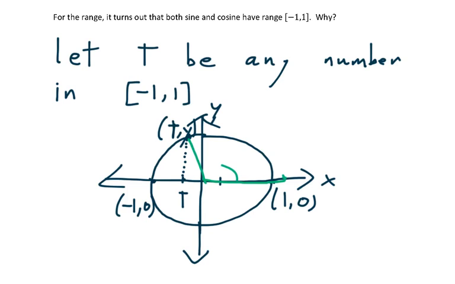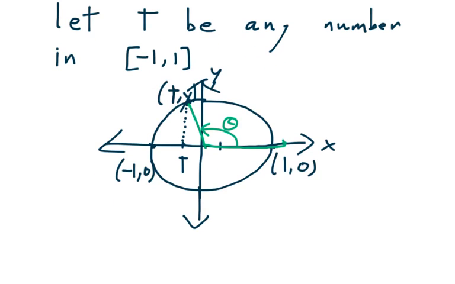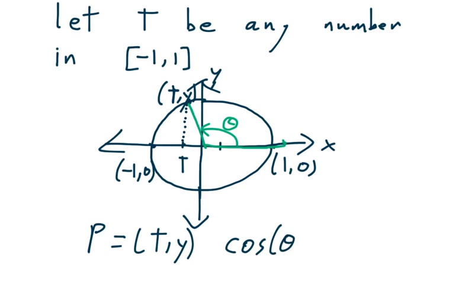I don't know what this angle theta is, but it doesn't matter, because P for this angle theta is going to be this point. In other words, our P will be t, comma, y, and so that tells us cosine of theta is equal to that number t. So cosine of something is equal to t. Hence, it follows t is in the range of cosine.